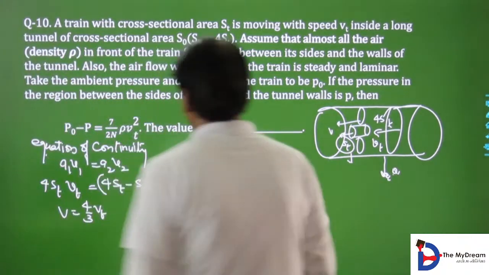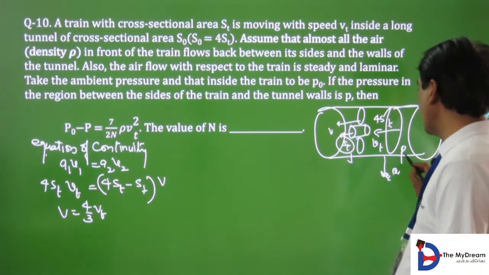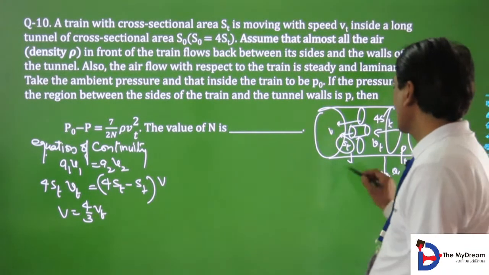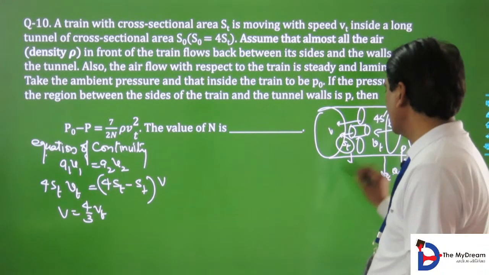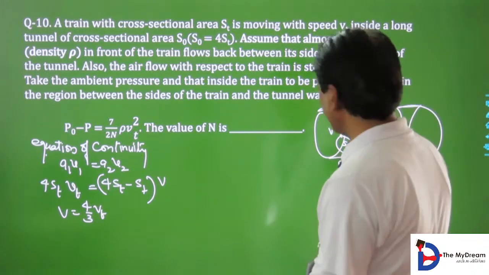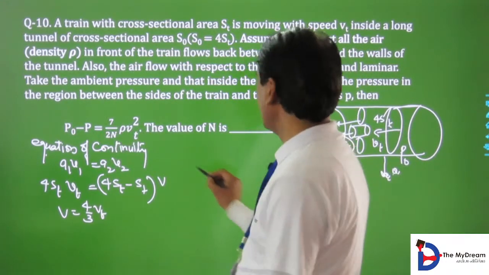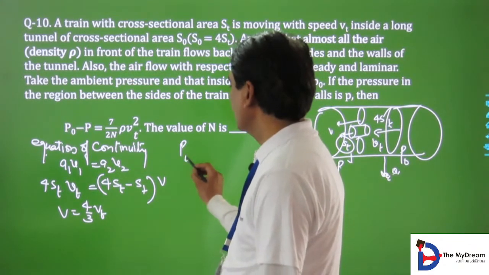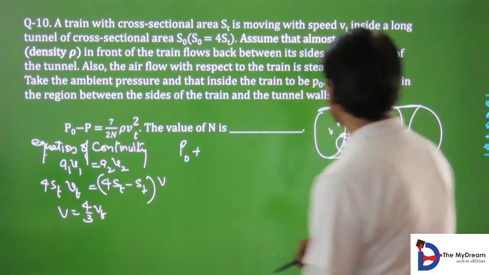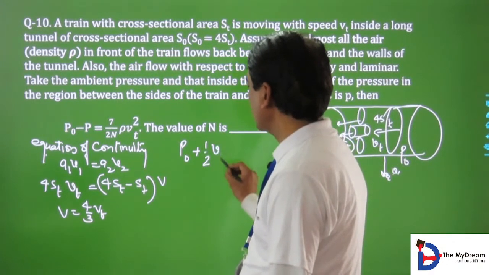Now using the Bernoulli expression, at this end the pressure is P naught. The pressure difference is given in terms of n. Then P naught plus half rho Vt square.